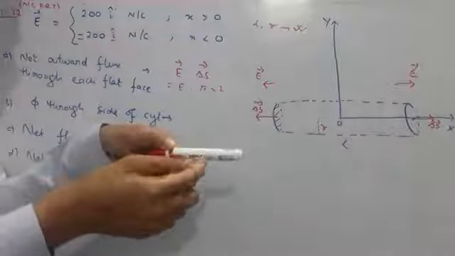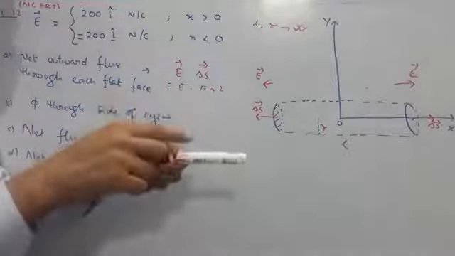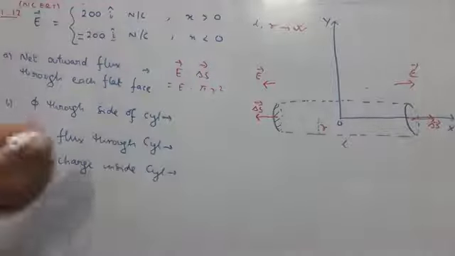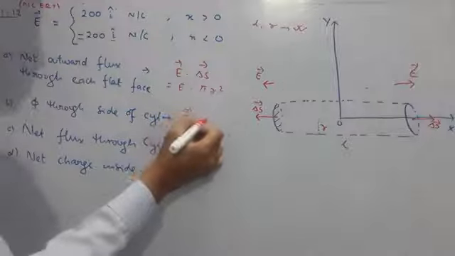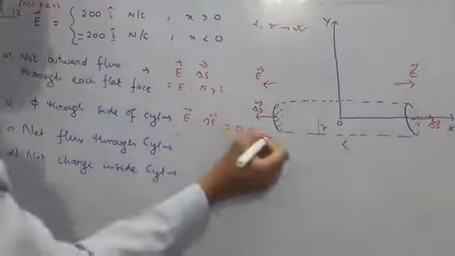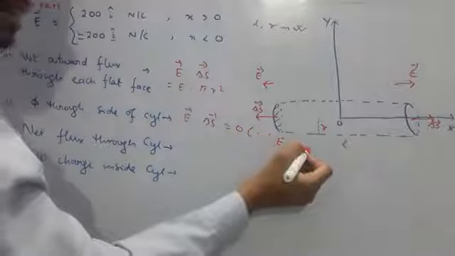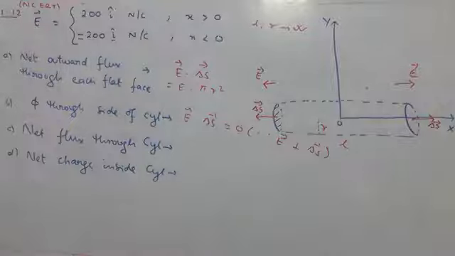Any element on this lateral surface would be directed perpendicular to the direction of the electric field. That's why the cos 90 term will be there, E dot delta S will become 0 because theta will be 90 degrees. E vector and delta S vector will be perpendicular for all the elements taken on that lateral surface of the cylinder. So it will be 0.